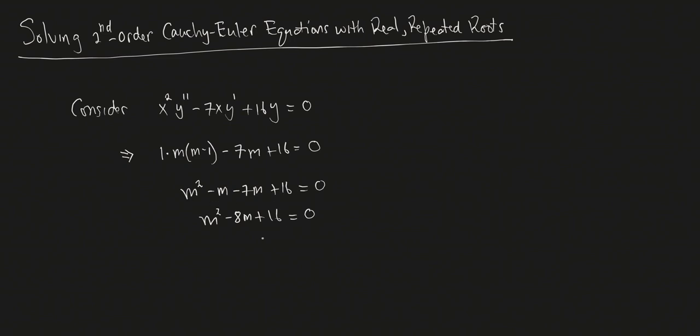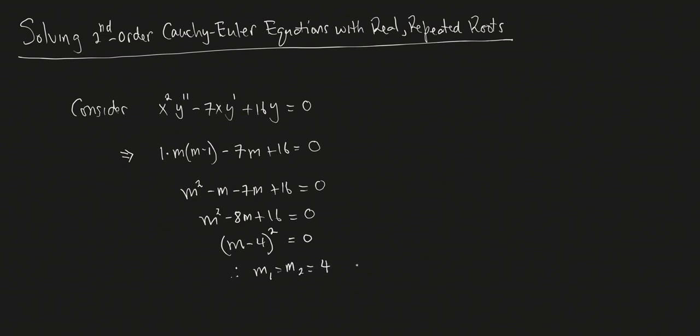And if you look closely, you can see that this is in fact a perfect square. So you have the quantity m minus 4 squared equal to 0. So therefore, our m1 and m2 are the same.